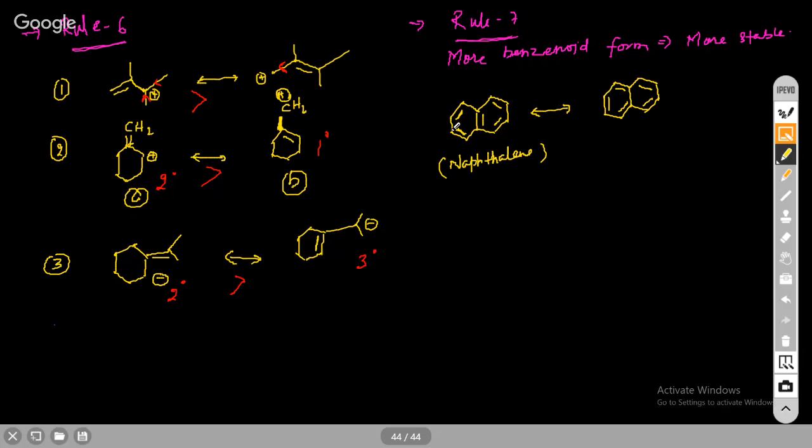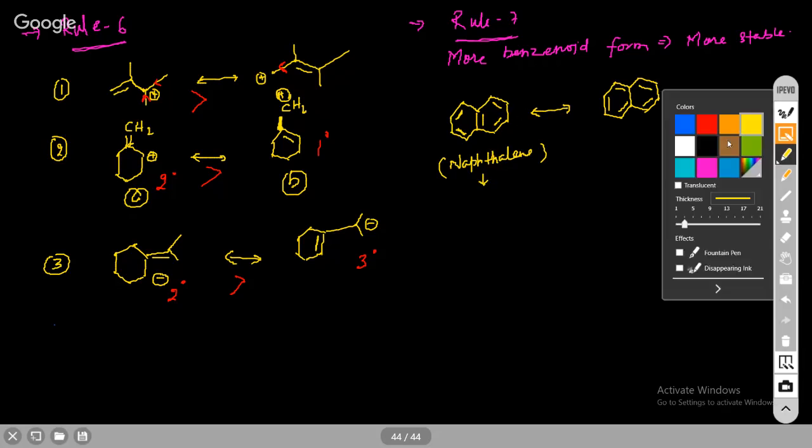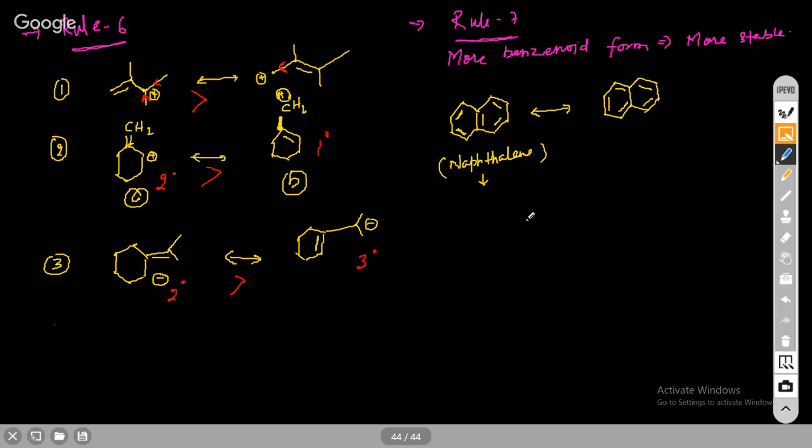This is one benzene ring separately, and this is another benzene ring. So in this naphthalene, we have two benzenoid forms, because you can consider this pi bond with this ring also and this ring also. So one benzene ring is this, another one is this, two benzenoid forms.